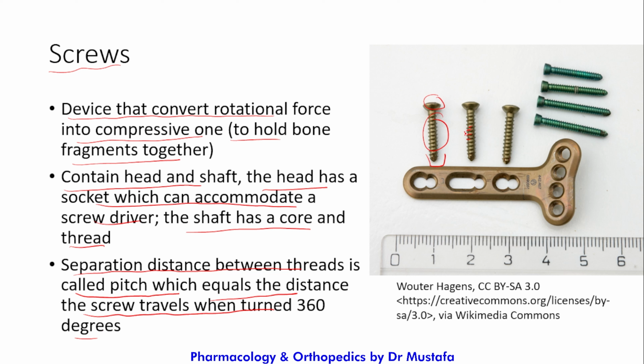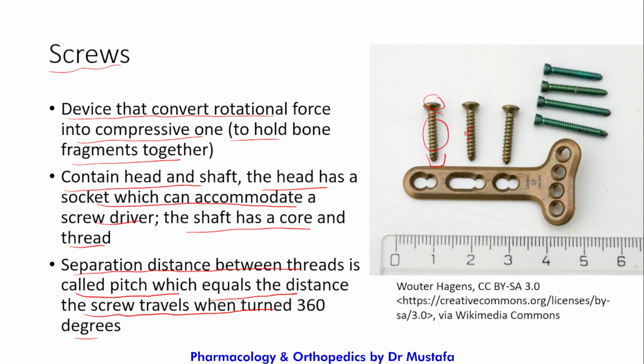The locking screws are used with locking plates and have threads in their heads. So this is an example of a locking screw. It has threads in its head, but this is also a cortical screw, so it is a locking cortical screw. The lag screw is used to compress fragments together.